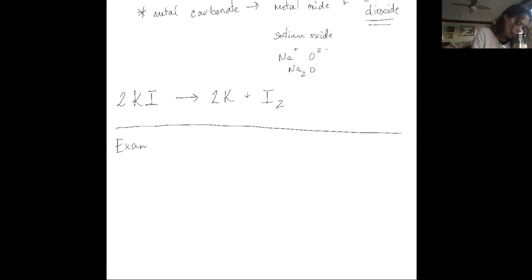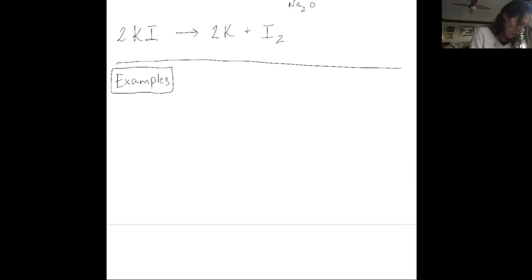Let's look at some more examples. Let's change it up. Some of these reactions might not actually occur. I'm not going to worry about it. Let's say that zinc reacts with sodium hydroxide.